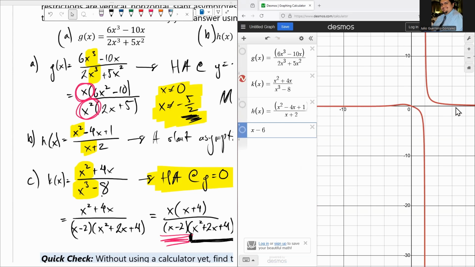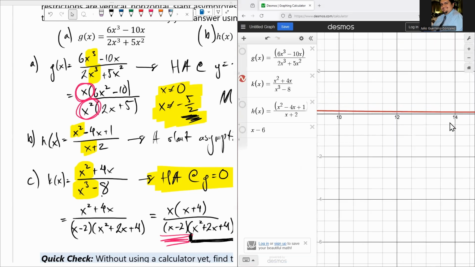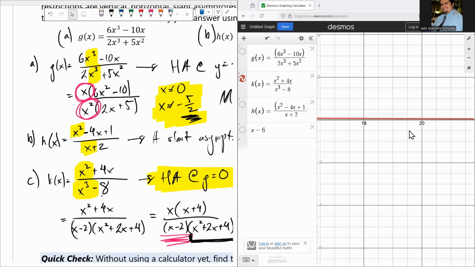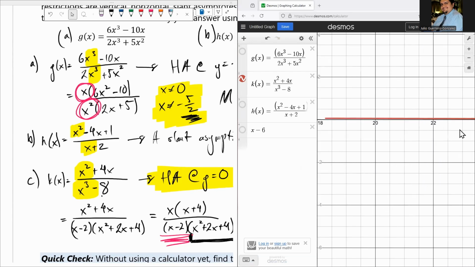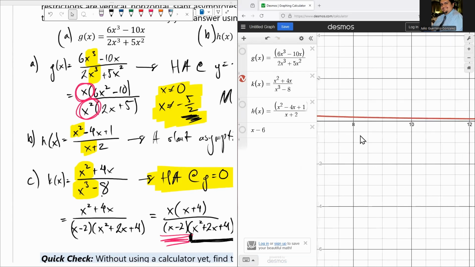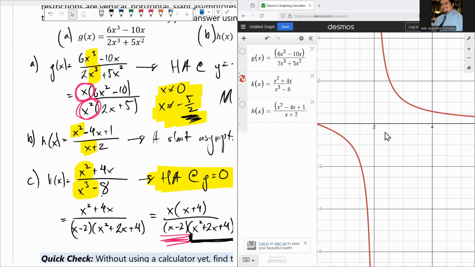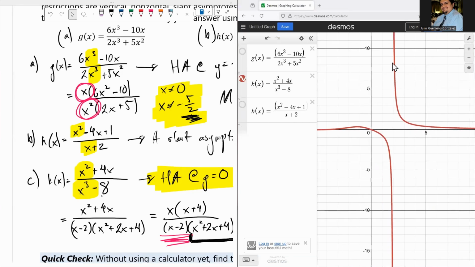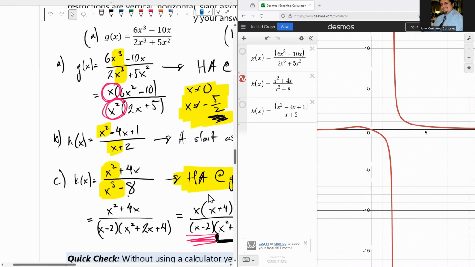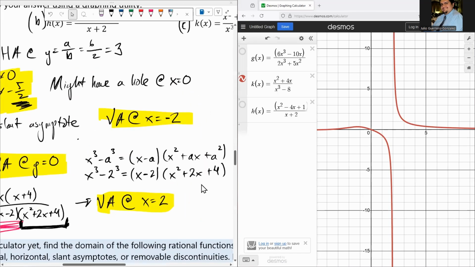There it is. So notice my y values are getting really close to 0 as I go toward the positive values. And as I zoom out, we can see that there's a vertical asymptote at x equals positive 2, just like we had determined.